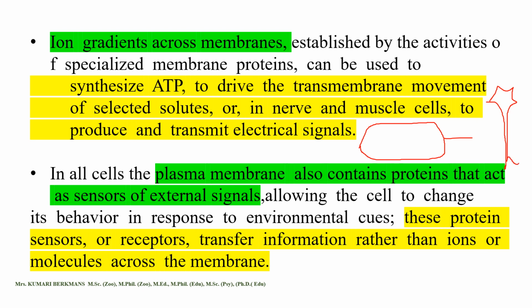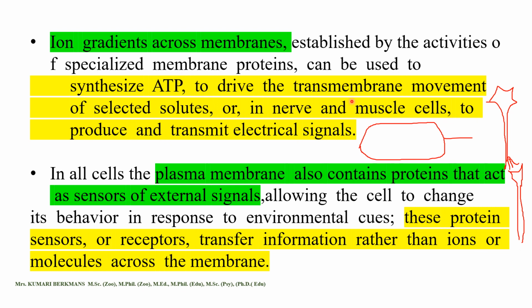There, the electrical signals are given out and received by the next cell. For example, this neuron is releasing an electrical signal that will be received by the next neuron, and it is passed on to another cell.